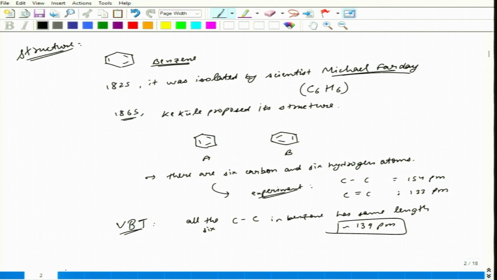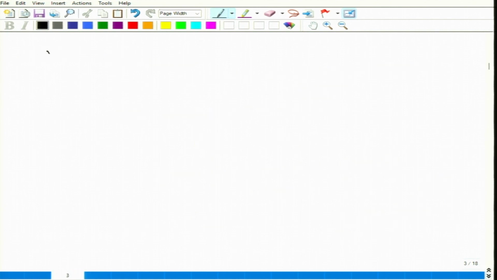What Kekulé wasn't able to tell is that when we react, for example, some halide or some hydrogen, something like this, with benzene.